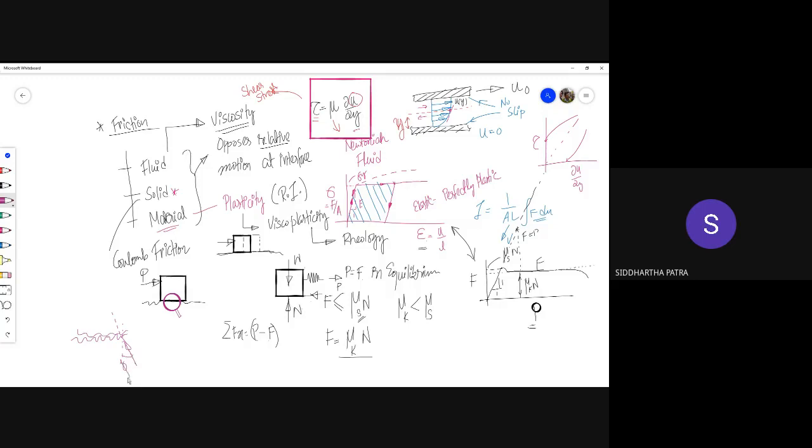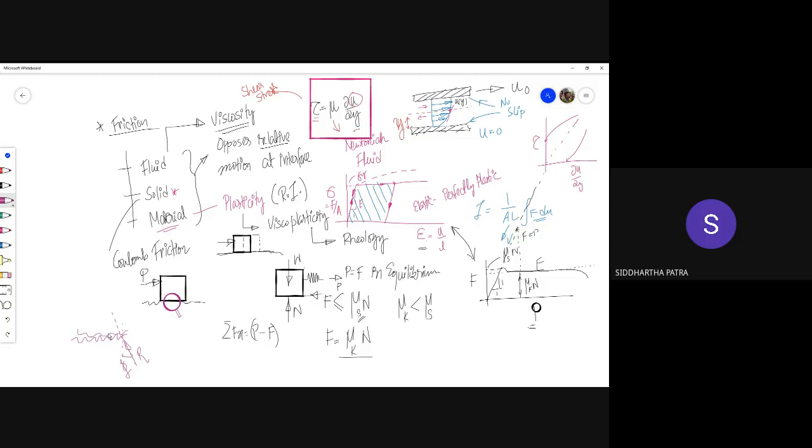let's call this angle phi. Okay, and the horizontal component of this force, let's call this force R, is essentially the so-called friction force.